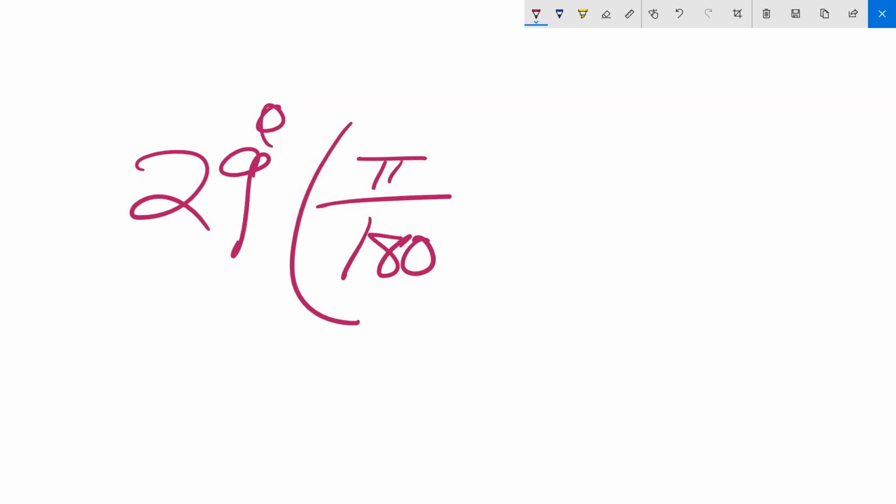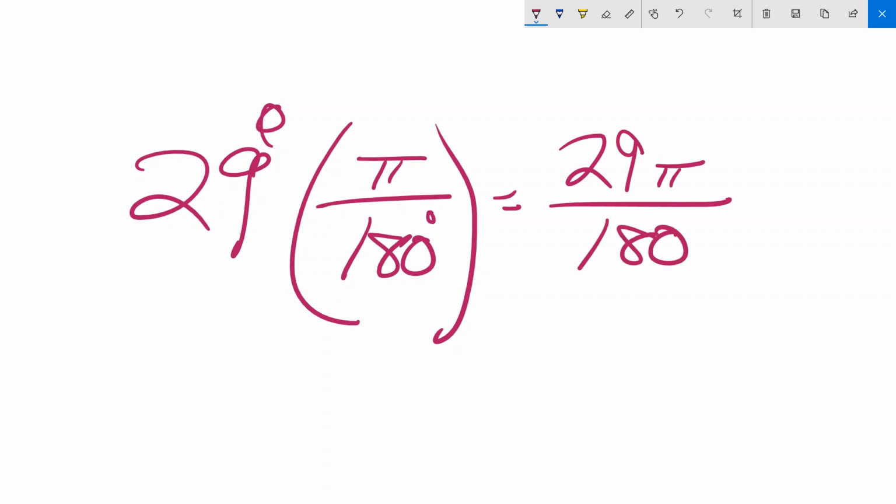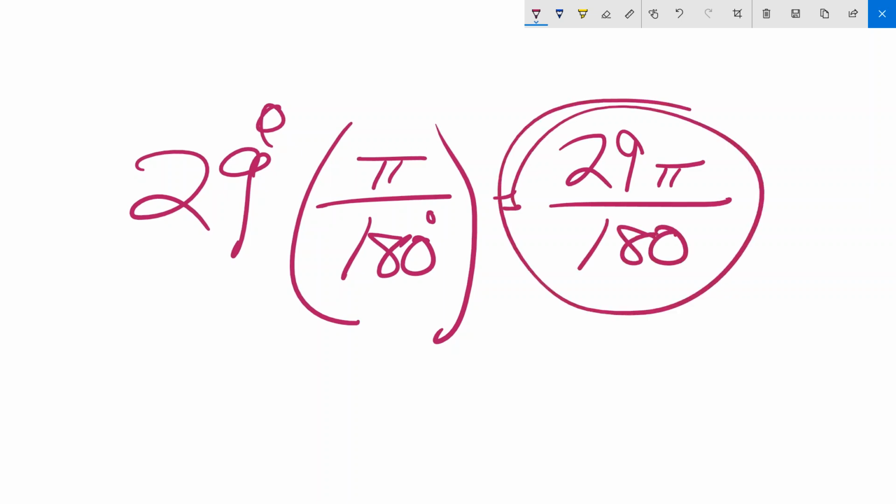In other words, if I wanted to convert 29 degrees, then I'm going to have to use the pi over 180, knowing I've got to get rid of the degrees. So that becomes 29 pi over 180, and there's your answer. Can't be reduced. So occasionally you do have to use that full conversion factor when you're doing an odd angle.